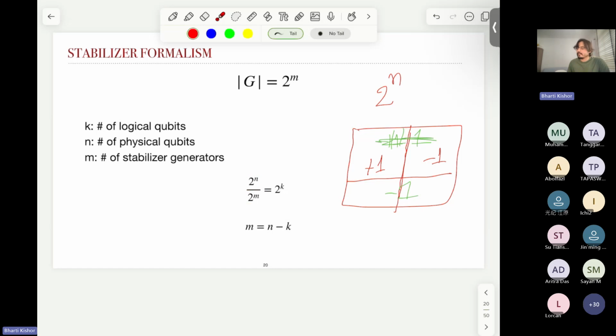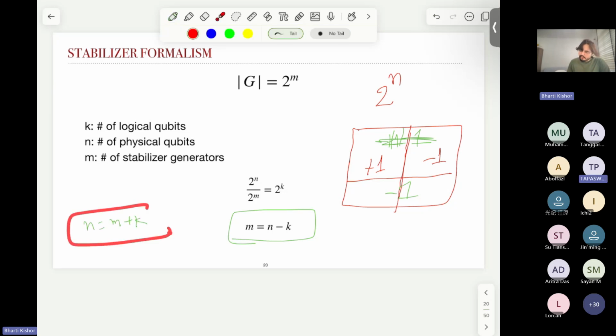If there are k logical qubits encoded here, that size will be 2^k. So 2^n over 2^m is 2^k, and taking the log, you get m equal to n minus k, or in other words, n is equal to m plus k.